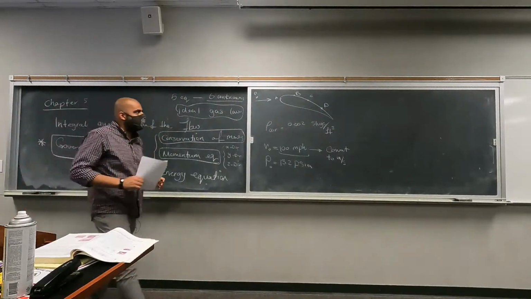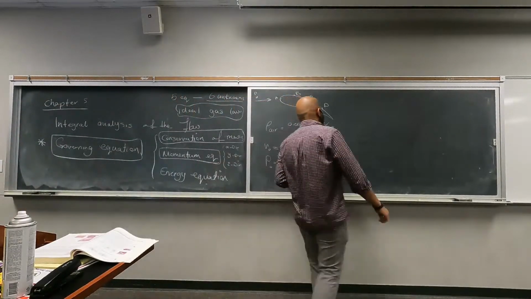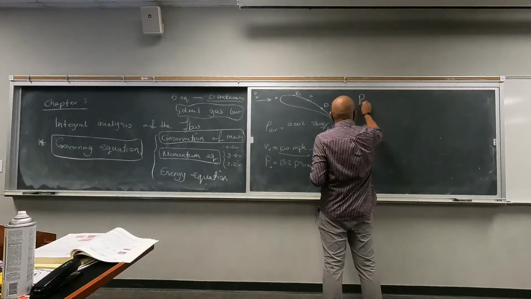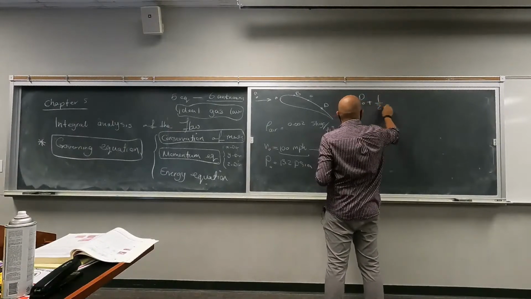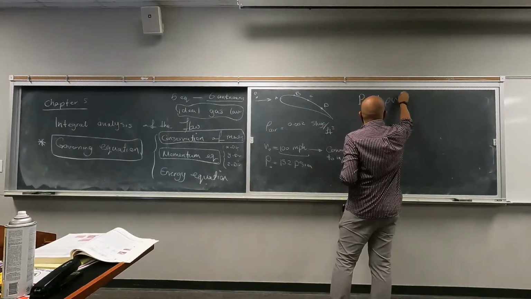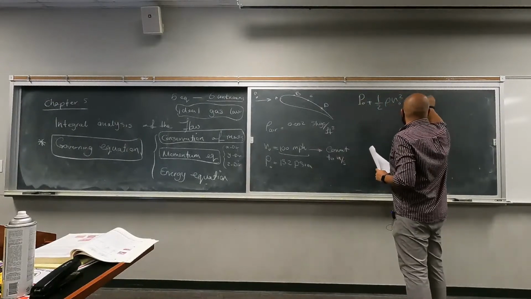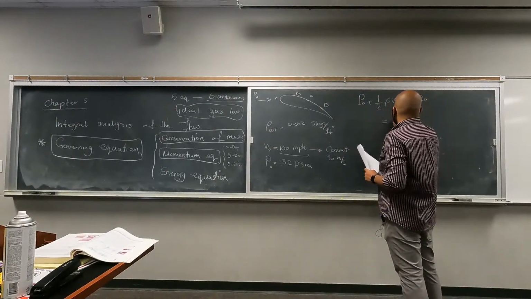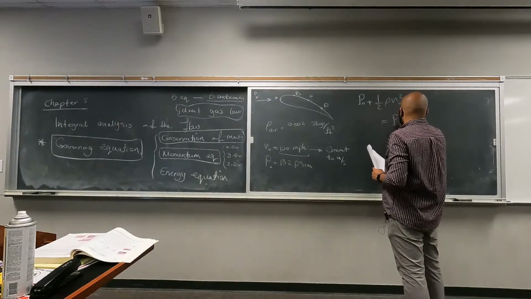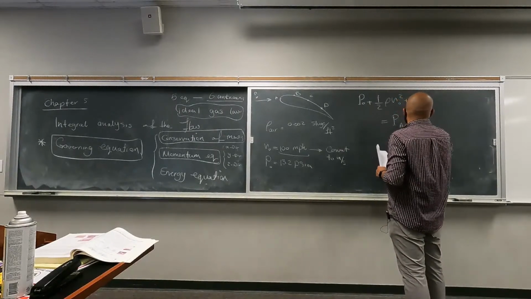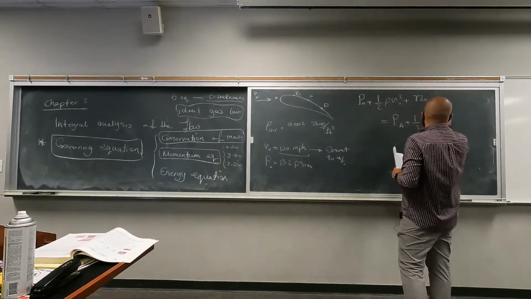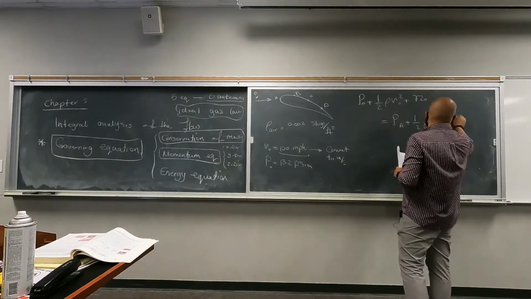Right? So what is the general form of Bernoulli's equation? P naught plus 1/2 rho V naught squared plus gamma Z naught equals PA, let's do point A first, plus 1/2 rho VA squared plus gamma ZA.